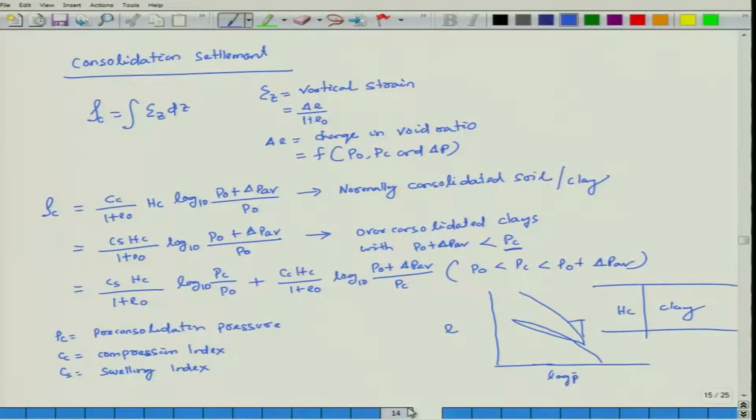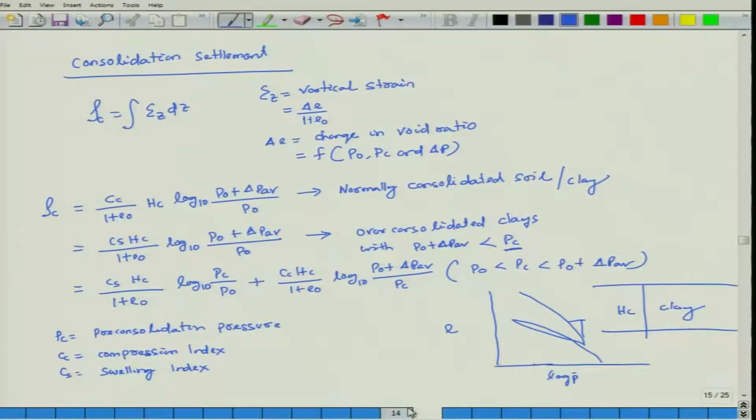And consolidation settlement has been given for normally consolidated soil and over consolidated clay, particularly P0 plus delta P average is less than Pc, and if Pc is lying between P0 and P0 plus delta P, and these are all three sets of equations.